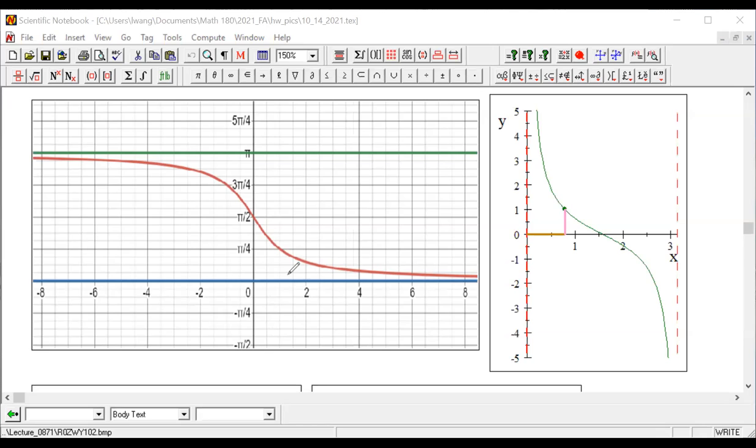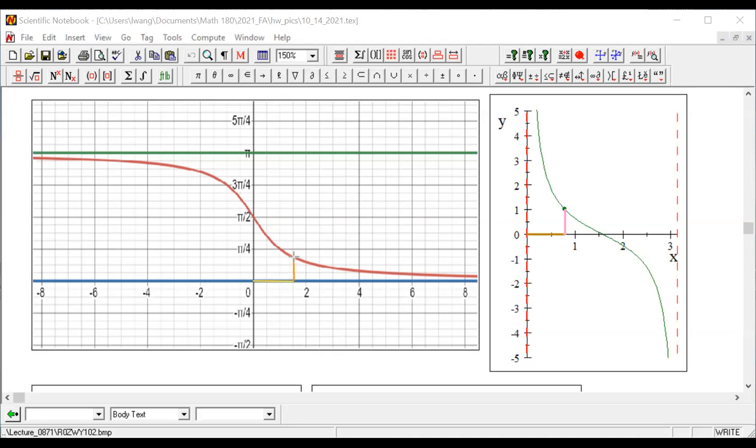The orange color is going to be the output. Root 3 is about 1.7, so that's the ratio, and that's the angle.